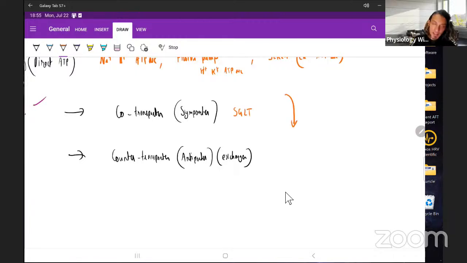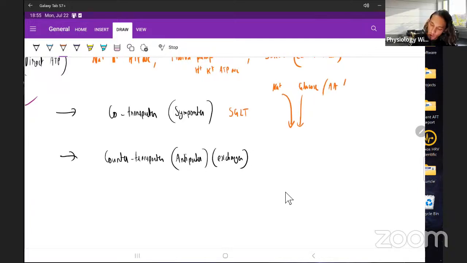Now sodium comes inside, and along with sodium, something else comes inside, like glucose or amino acid or iodide. Okay, so these are in various places. This glucose is just your SGLT.